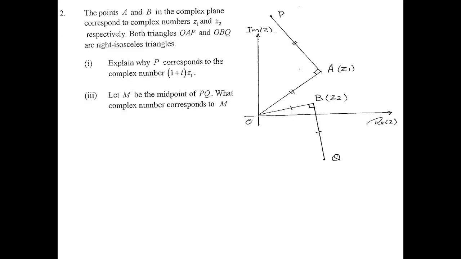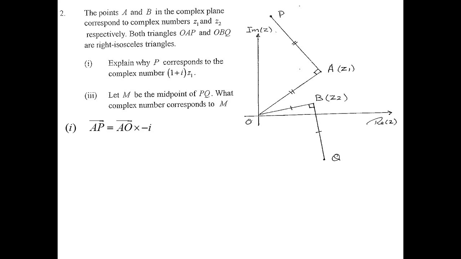The points A and B correspond to Z1 and Z2. Triangles OAP and OBQ are both right-angled isosceles triangles. Part i, explain why P corresponds to the complex number 1 plus i, Z1.